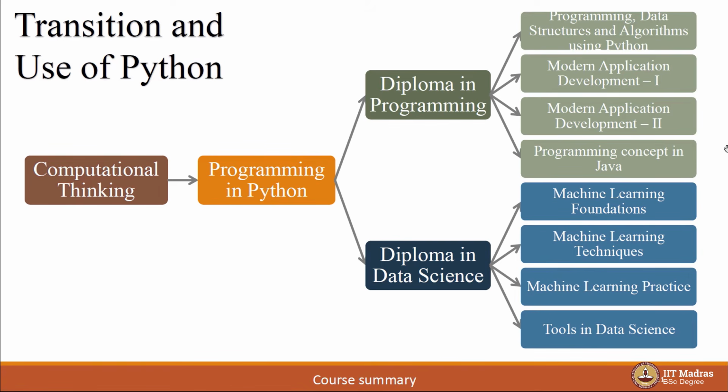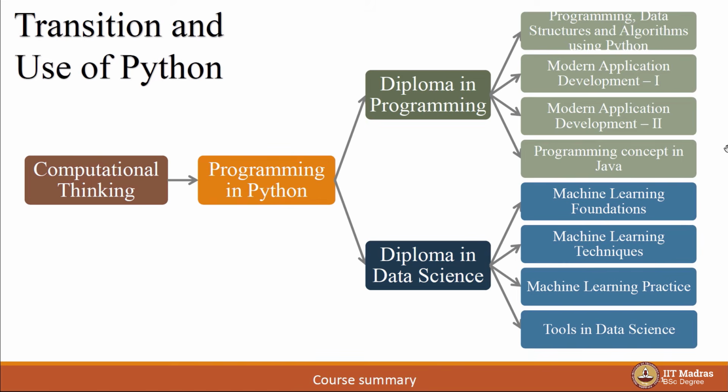These are only a few courses which belong to that particular diploma. In order to get either of these diplomas, there are some n number of courses which you have to complete, out of which these are some courses where you will use Python programming language, or you will use some concepts which you studied in this language.